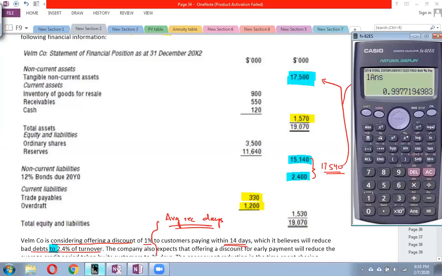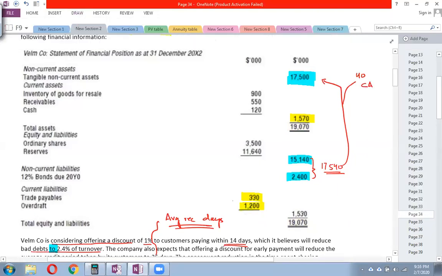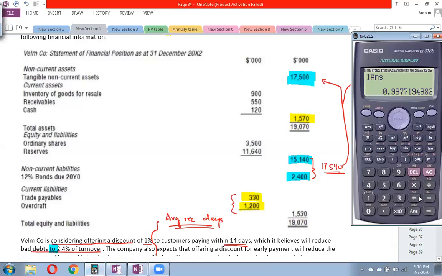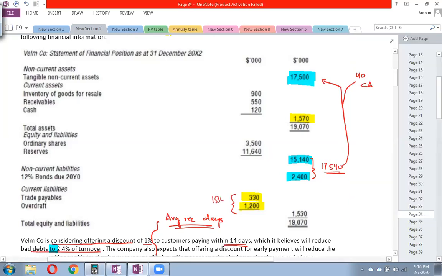So if you add them together, that will give you 1200 plus 330, which is 1530. 1530 is the short-term finance and 1570 is the investment in current asset, right? The finance is short by $40. So from where do you get that $40? Here.